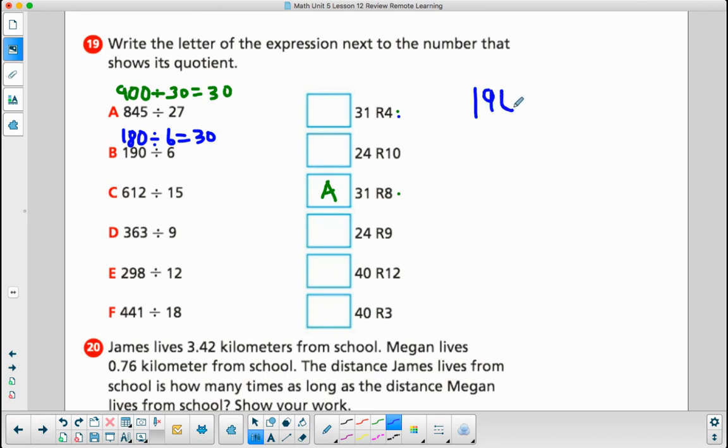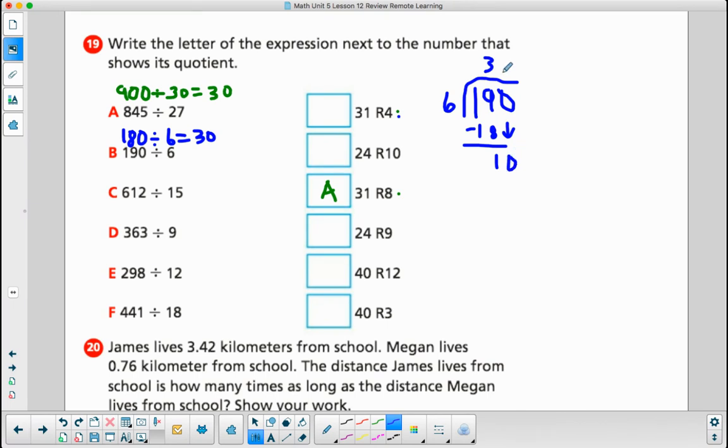190 divided by 6. Sorry you have to endure through me drawing, but I thought it was better this way for this set. 19 does have 3 6s in it. 3 6s are 18. There is 1 left. Change that 1 ten into 10 ones.